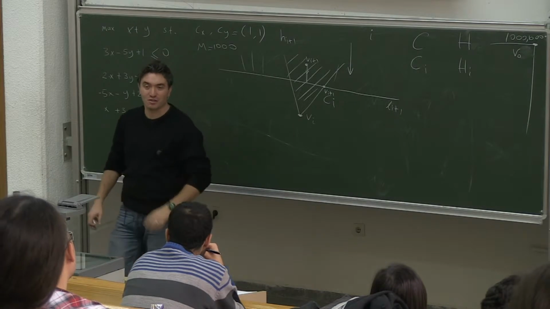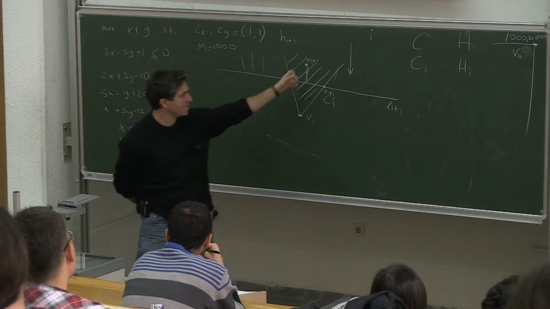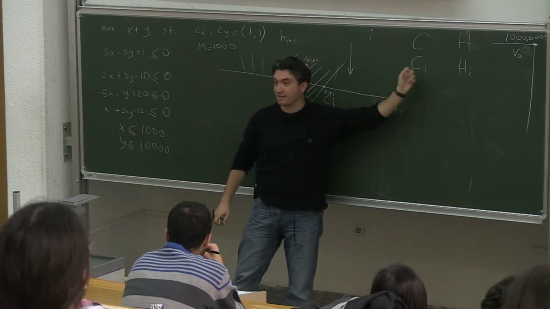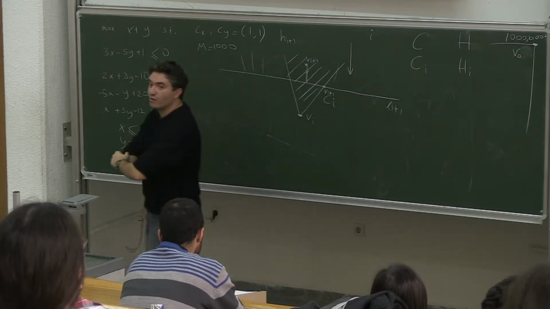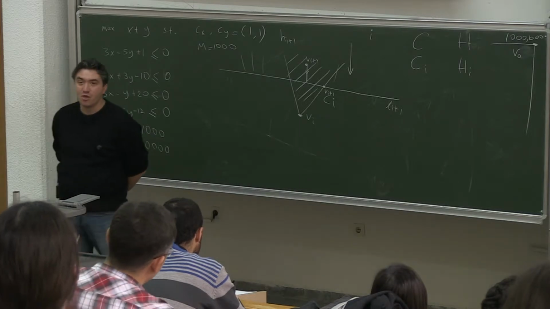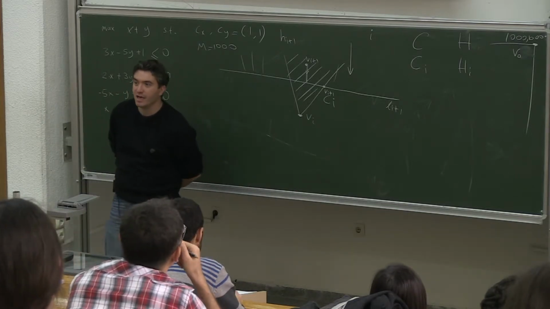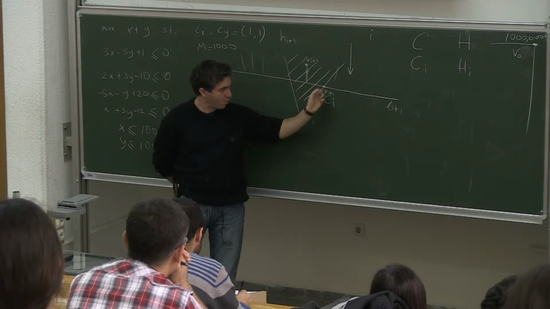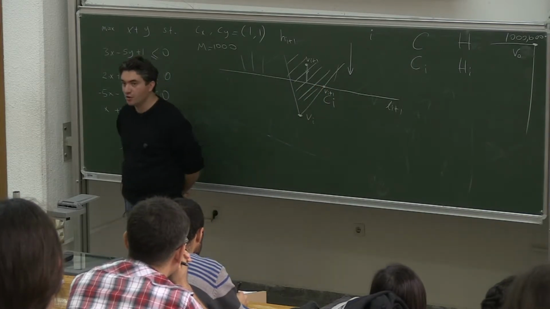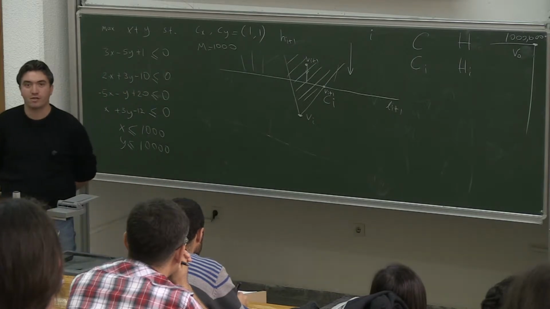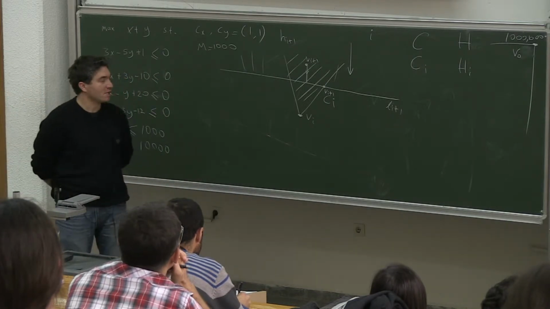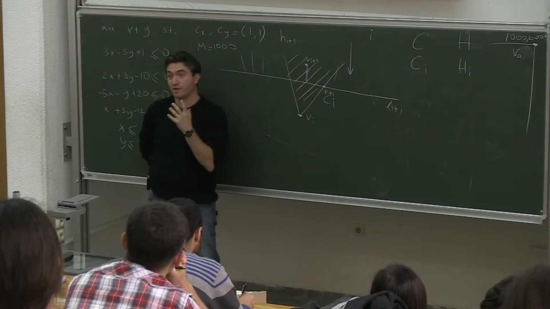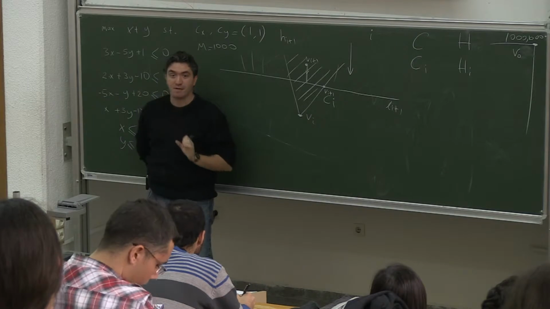We don't want to keep track of Ci. So without knowing Ci, how can you find this point Vi plus 1? It's going to turn out to be an easy problem, because we know something.